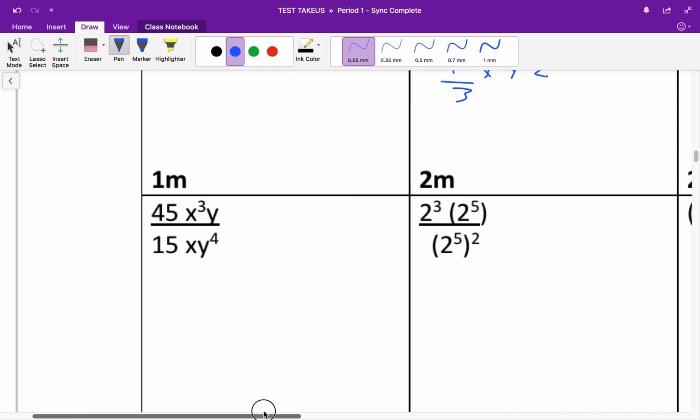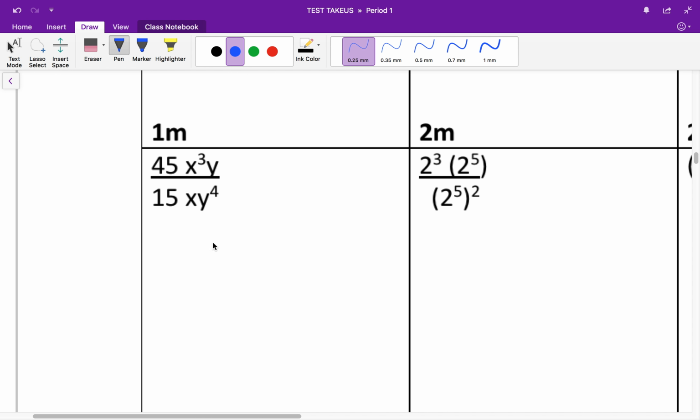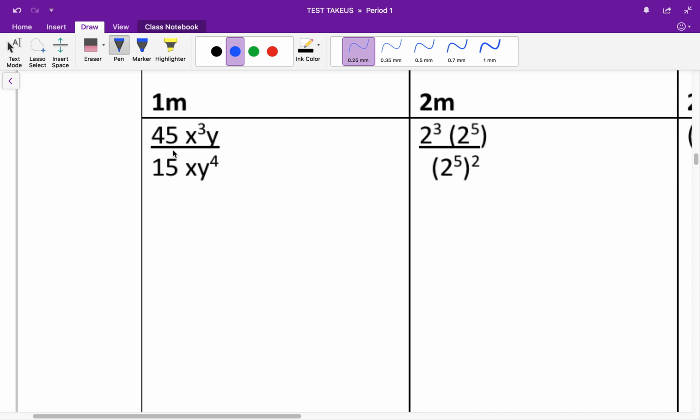Right. Now here we have a division. If you remember, our division is minusing, but here we have our numbers, so we can just divide that, which is going to equal 3. And we're going to get x3 over x1. So that's 3 minus 1. That's going to be x squared.